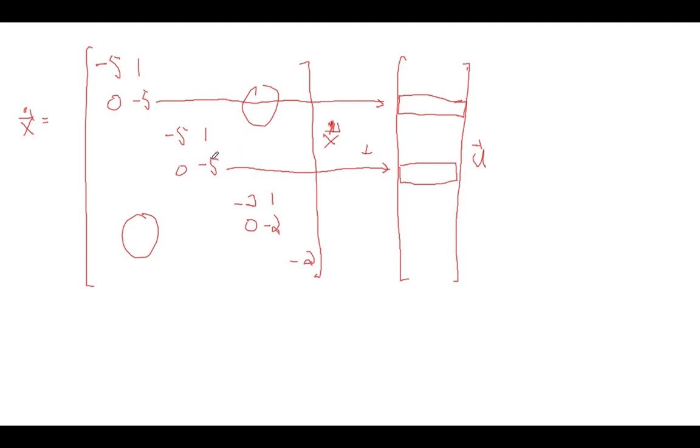If you want to be able to control these states and these states independently of each other, even though they have the same natural dynamics, it's important that this row of B and this row of B are not only not 0, but they have to be different from each other, so that you can have u affect these two states and these two states differently from each other, since they have the same natural dynamics.